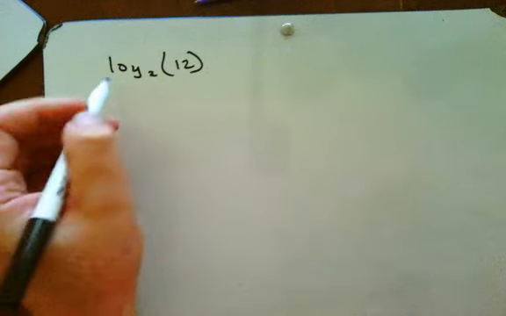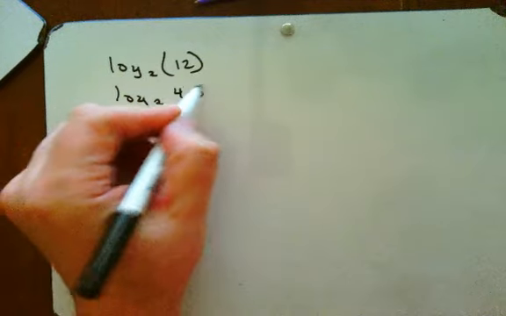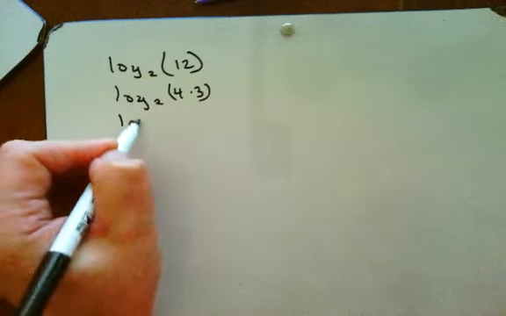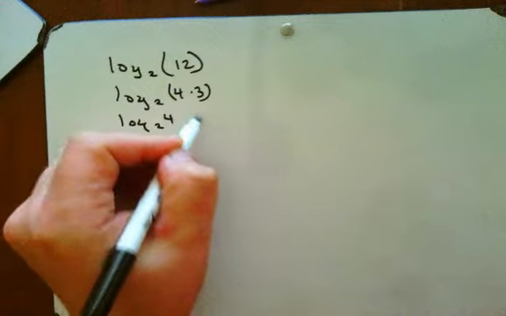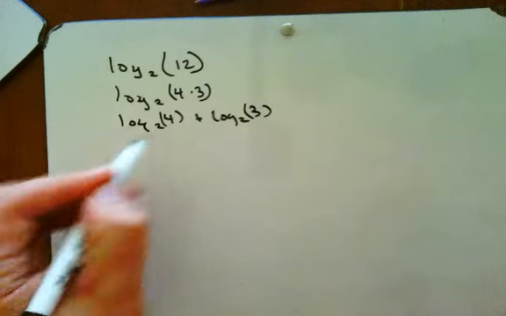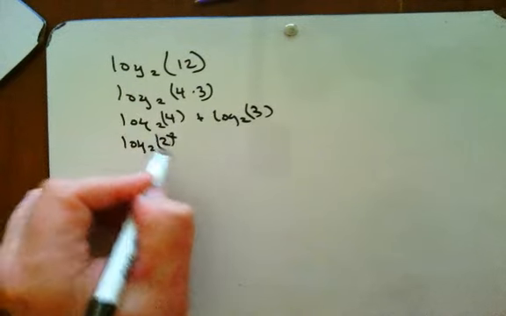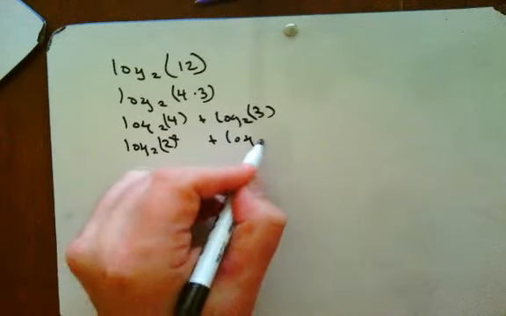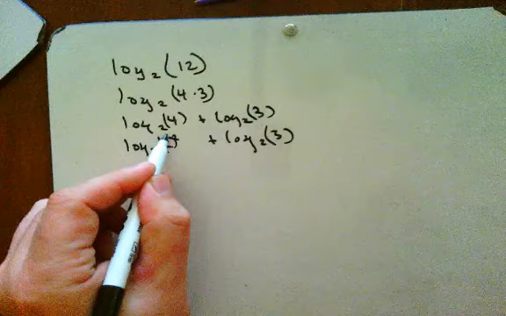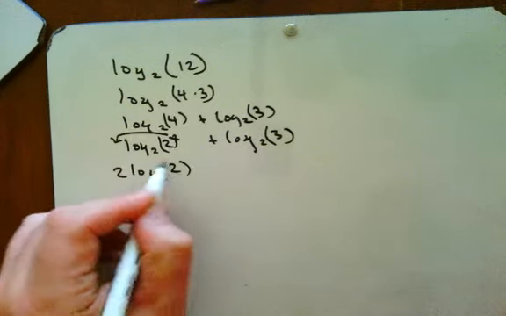Okay, did you write log base 2 of 4 times 3 and come up with log base 2 of 4 plus log base 2 of 3? Log base 2 of 4 is log base 2 of 2 squared, and we can use that power rule to bring the 2 down.